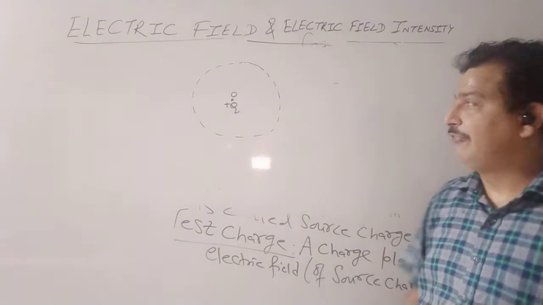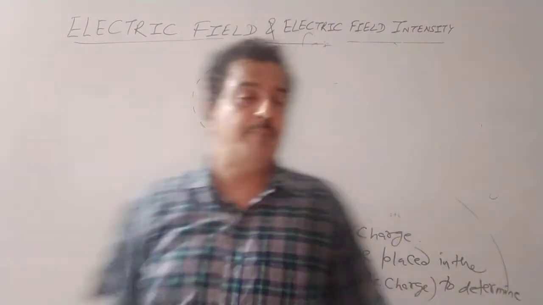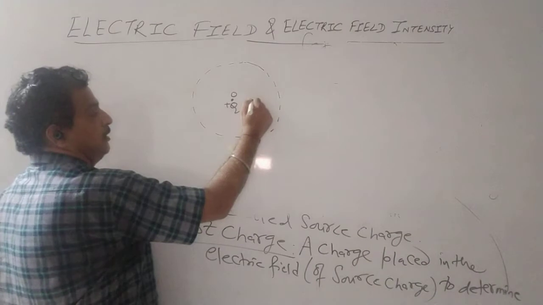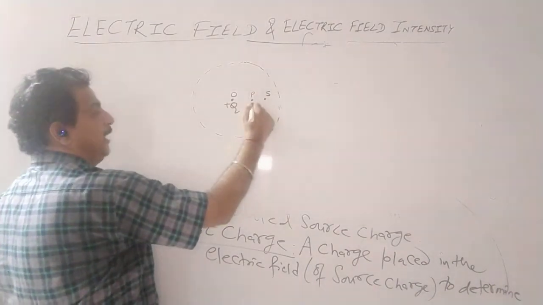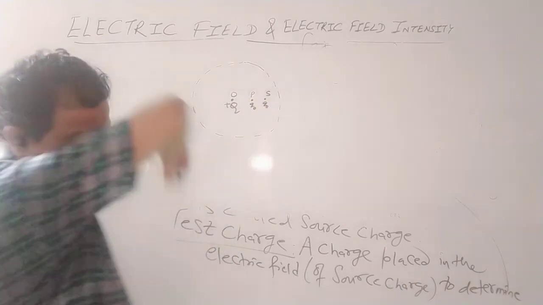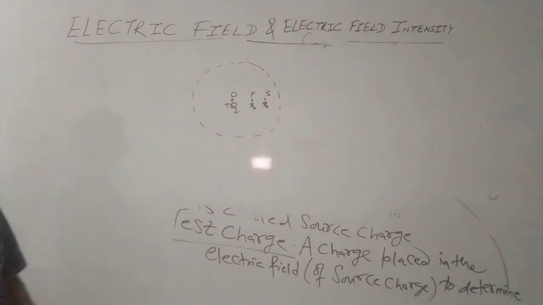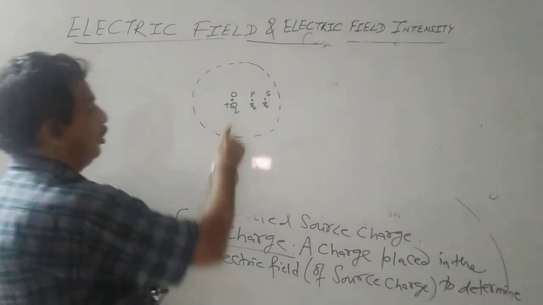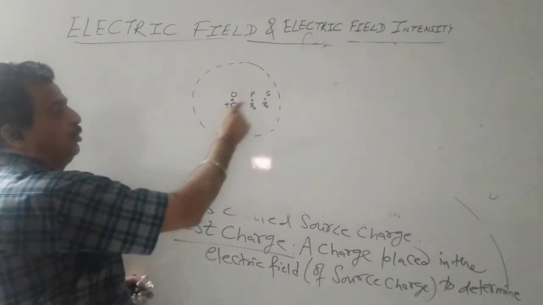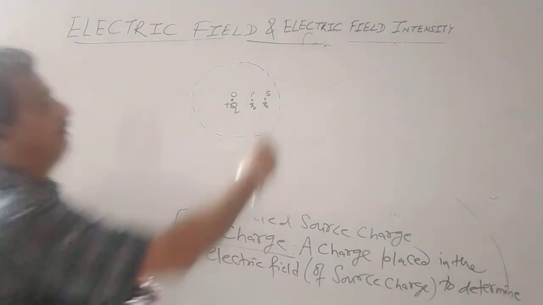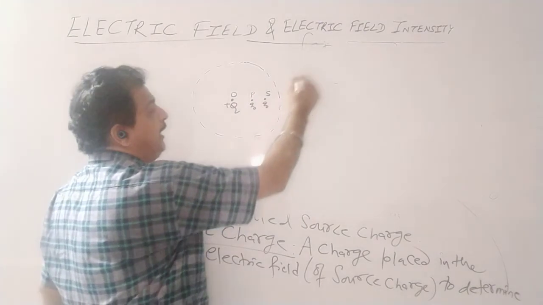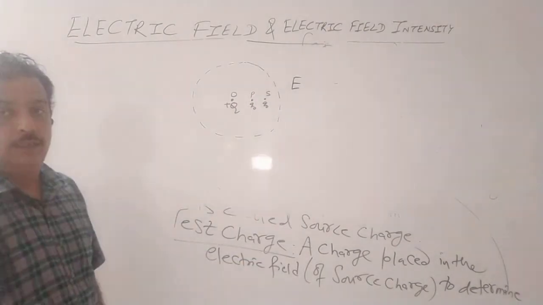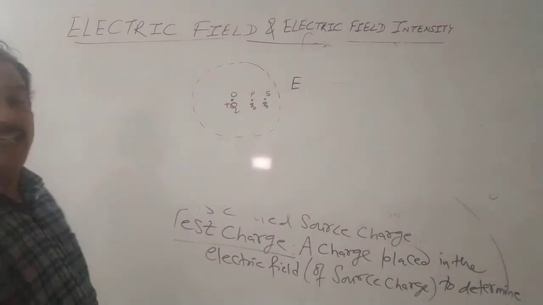Now at different points I will be placing a test charge. So this is an earlier diagram, point P, point S. I keep Q naught, that is a test charge. Now clearly the electric field intensity or the effect of plus Q is more at P. Now electric field intensity symbol is capital E. E for electric field intensity.